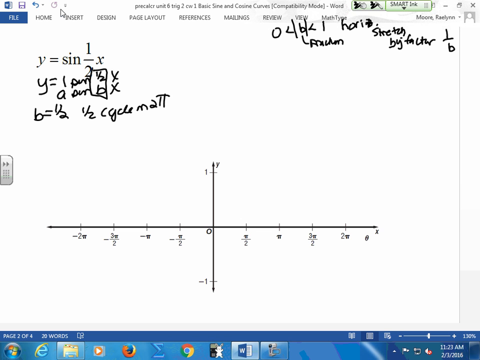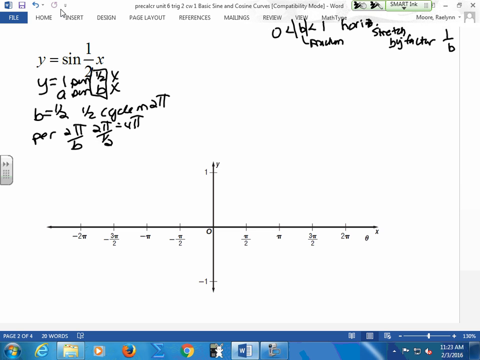If I'm going to do a half of my curve in 2 pi, how much longer is it going to take me to complete this curve? 4 pi. Very good. And isn't the period 2 pi over b, which is 2 pi over 1/2. Keep change flip. Flip this over to 2 over 1. So 4 pi, I should complete my full cycle.